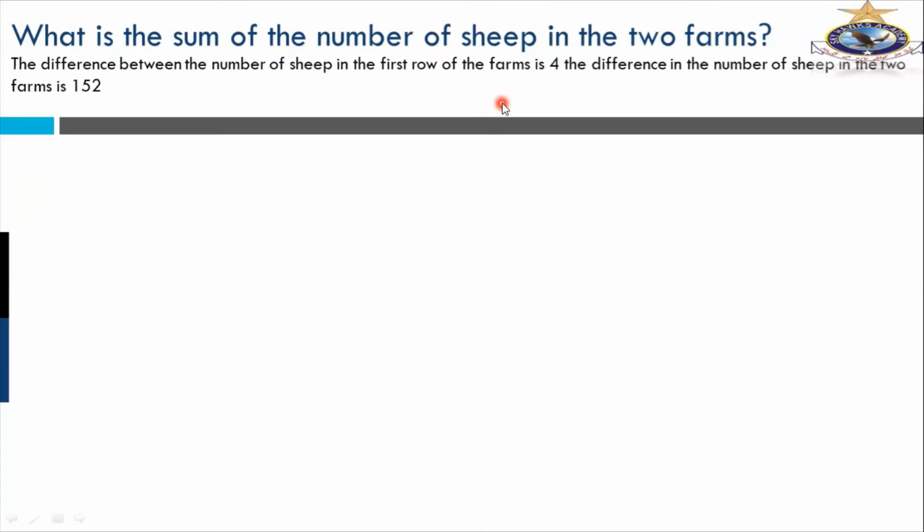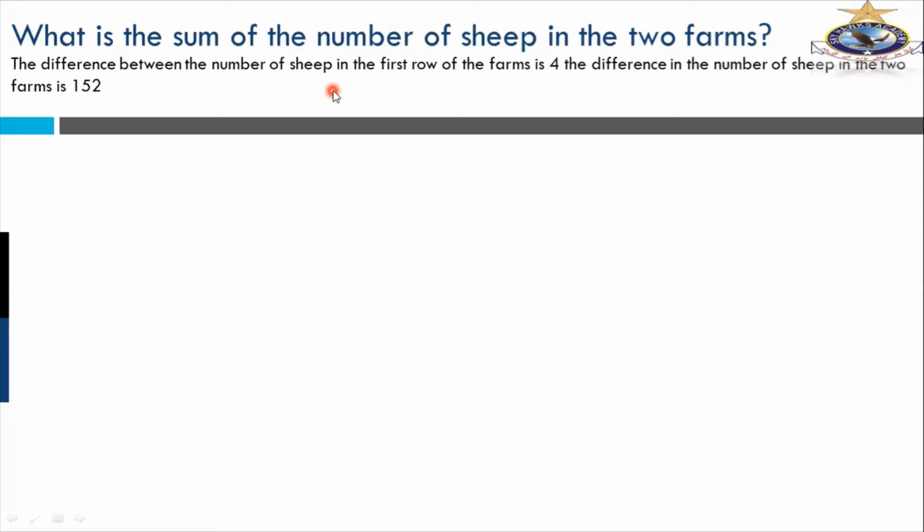The difference in the number of sheep in the two farms is 152. So this was also given, these digits are given.